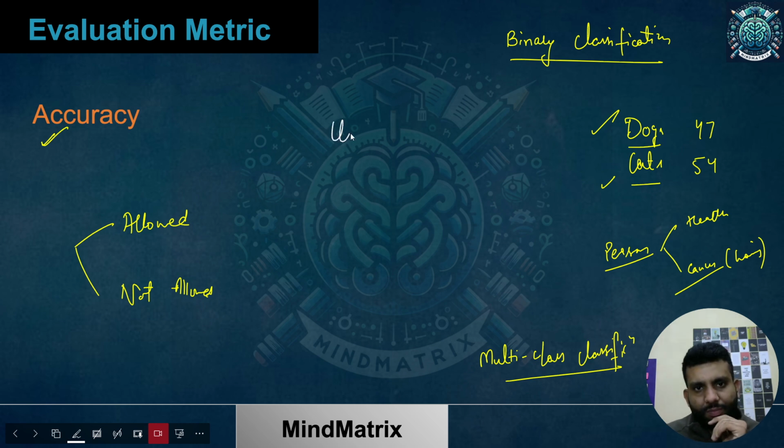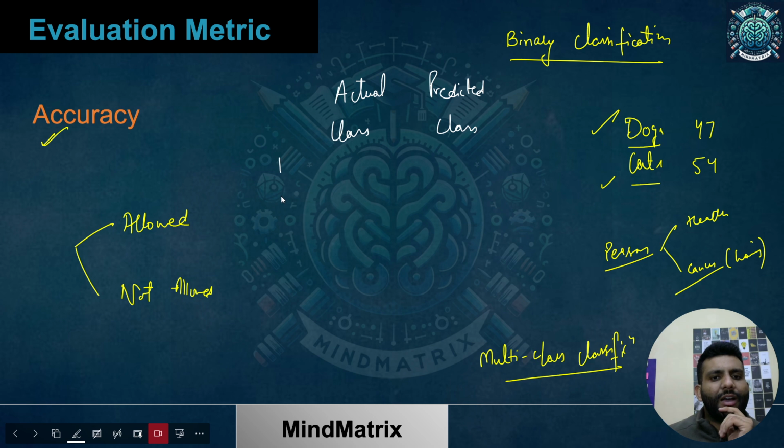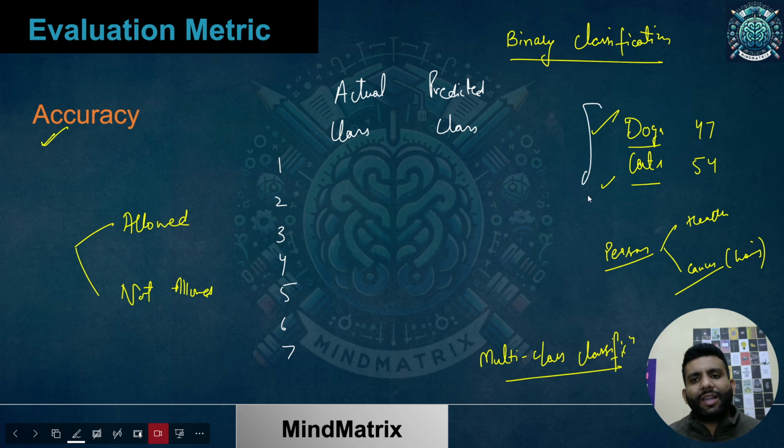So I'm going to write the actual and predicted class. Let's suppose there will be some kind of prediction taking place and I will have only 7 data points, numbered 1 to 7. Let's suppose for the actual class, I'm picking this dog and cat classification.